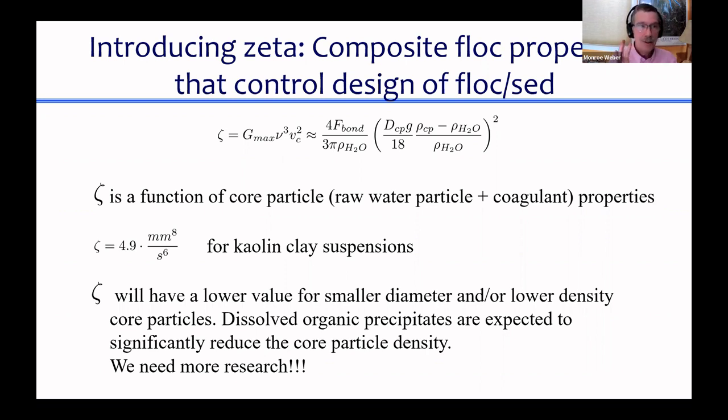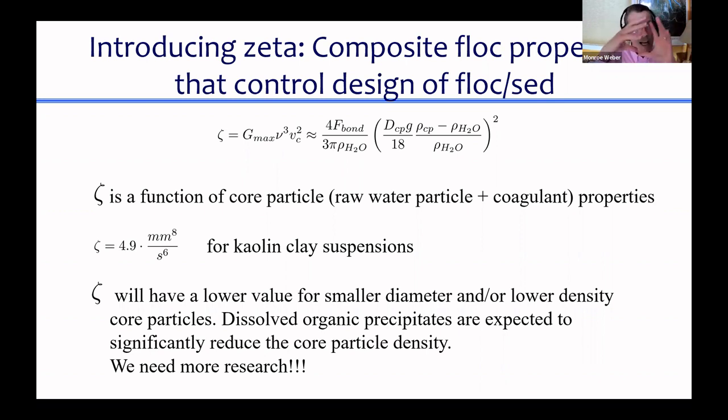Zeta is a function of the core particles. And if the core particles include lots of dissolved organics, that is going to lower the density of the core particle that you're trying to flocculate. So the core particle is what comes together first. It's like the clay particle plus some coagulant nanoparticles, and maybe those coagulant nanoparticles have some dissolved organics attached to them.